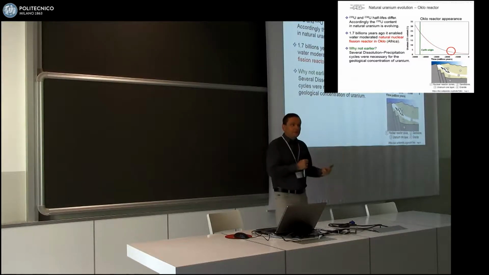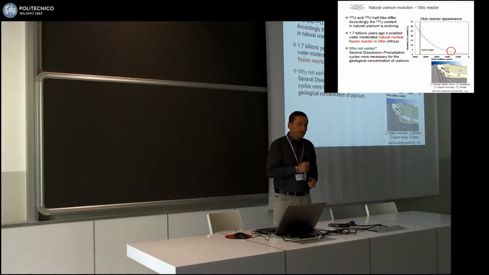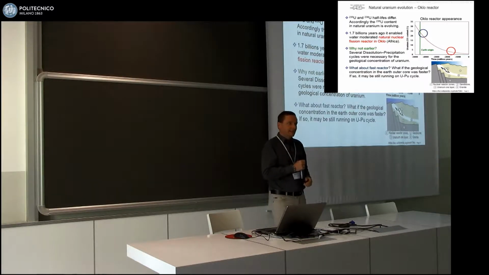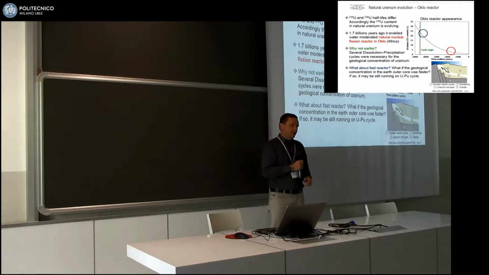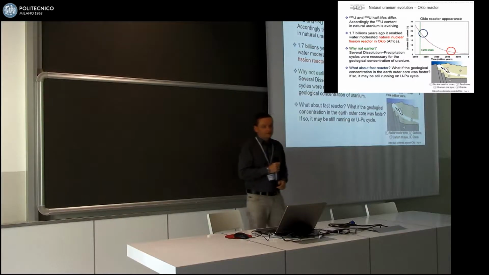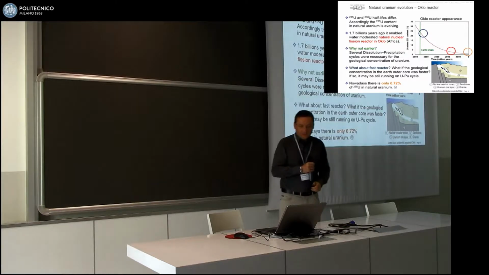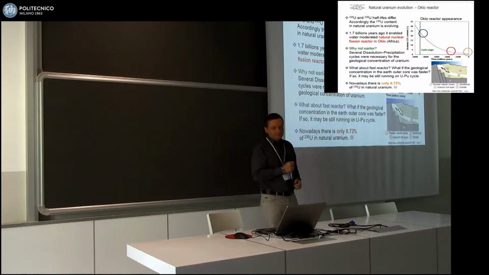You can think about what if there was a place where the concentration was faster, and indeed it may be the case that the outer core of the Earth enabled the concentration much faster, and it may be that there is still ongoing fast reactor in the Earth core. We have several, let's say, indices that it may be the case. But the main message of this slide, we have unfortunately only 0.72% of uranium-5.